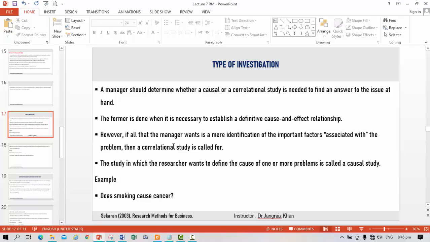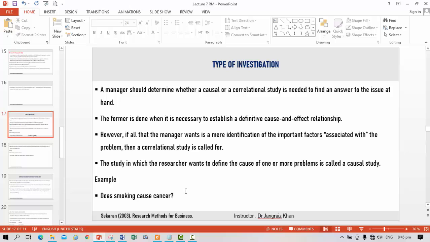However, if all that the manager wants is a mere identification of important factors associated with the problem, then a correlational study is called for. The study in which a researcher wants to define the cause of one or more problems is called a causal study.